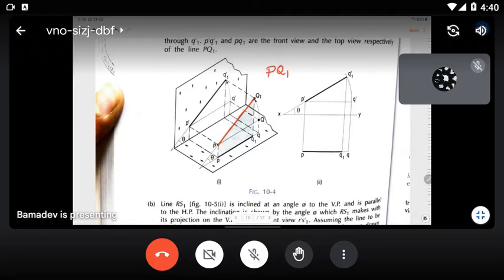Now you tell me, straight line PQ is inclined to which plane and parallel to which plane? Parallel to vertical.